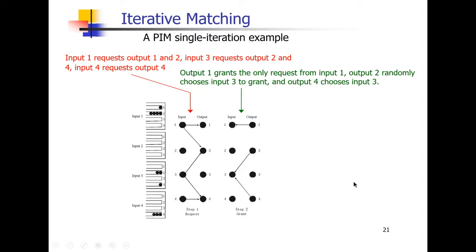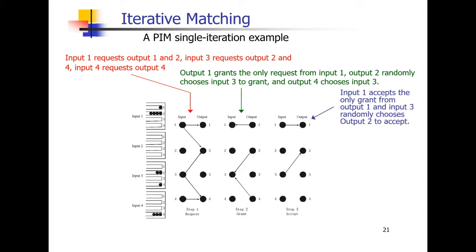So now what happens in the last step, which is the accept? Now is the turn of the input nodes to select which grant to accept. And the condition is always that an input node can accept at most one grant. So in this case, input 1 received only one grant, so it is accepted.